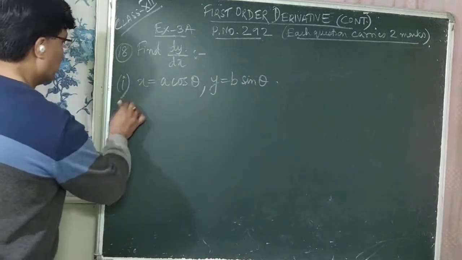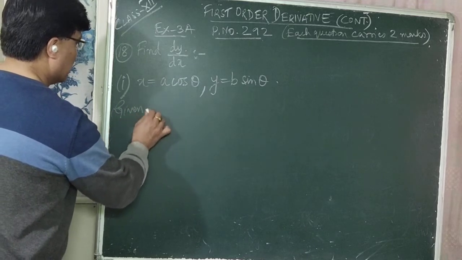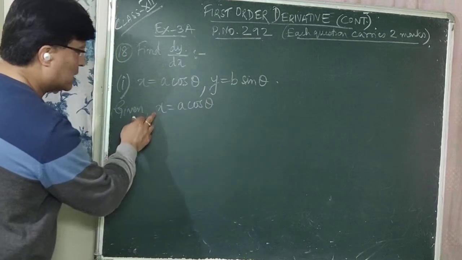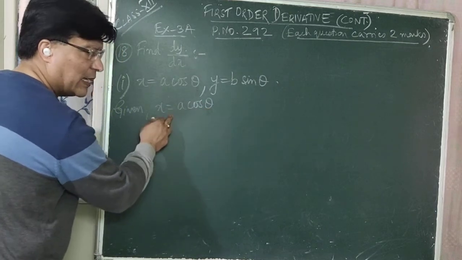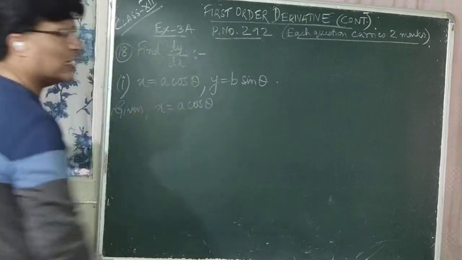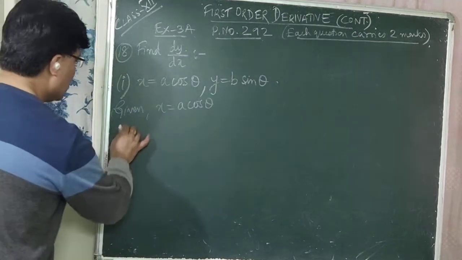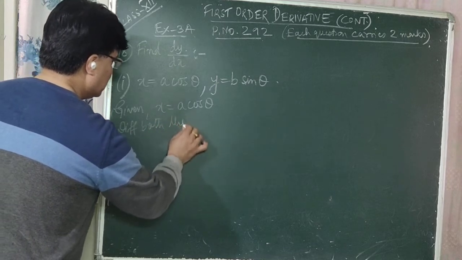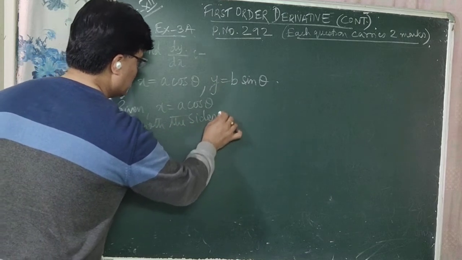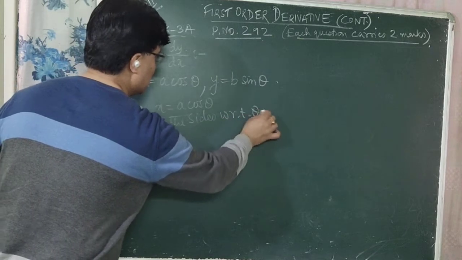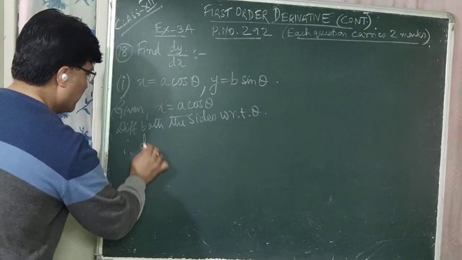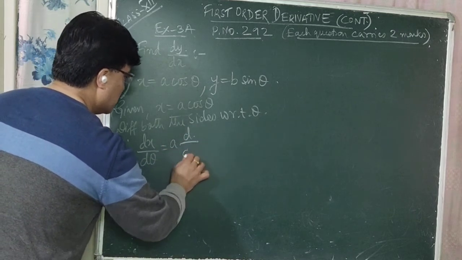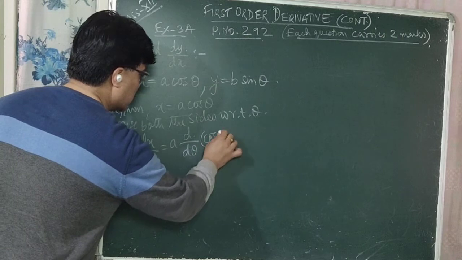Here the first equation given is x is equal to a cos theta. That is, x is expressed in terms of theta and a is a constant. So let us find out dx by d theta. Differentiating both the sides with respect to theta, dx by d theta is equal to a into d by d theta of cos theta.